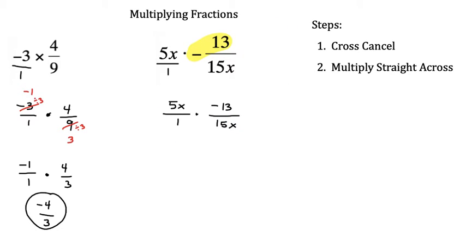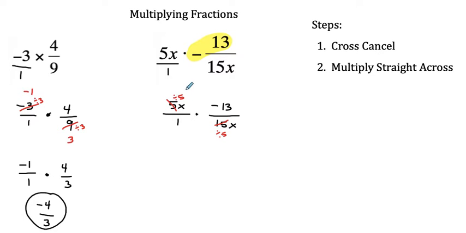Then I'm going to check if there's anything I can cross cancel, or cancel straight up and down. So 13 and 1, nope. 5x and 15x, oh sure. So let's start with the number here. So 5 and 15 share a factor of 5, so I can divide this by 5, and I can divide this by 5.